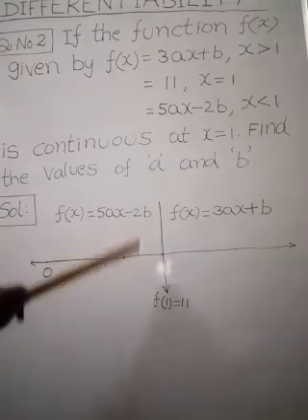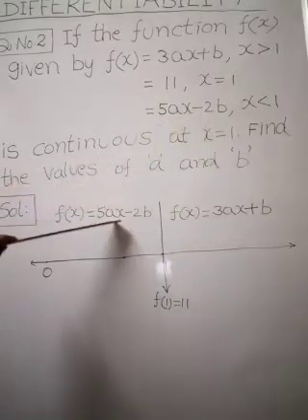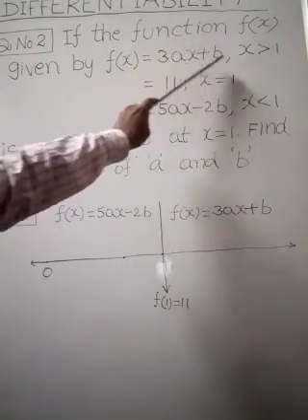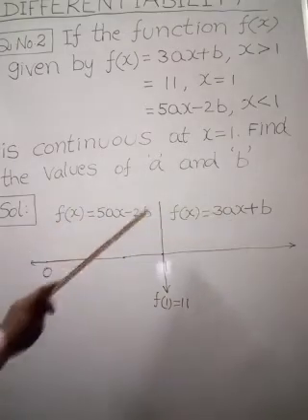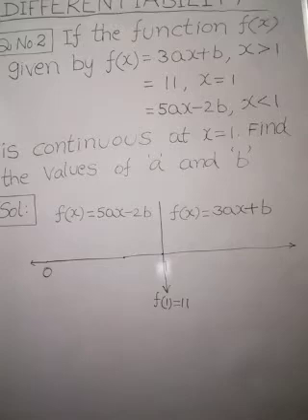If x is less than 1, what is f of x? 5ax minus 2b. If x is greater than 1, what is f of x? 3ax plus b. So I wrote like this. Left side and right side of x is equal to 1. Means here we have to find the left hand limit and right hand limit of f at x is equal to 1.